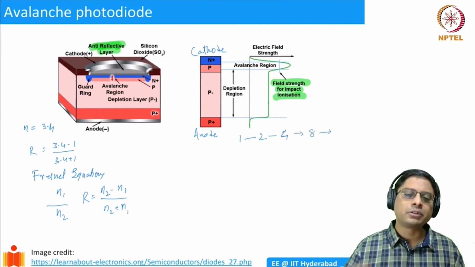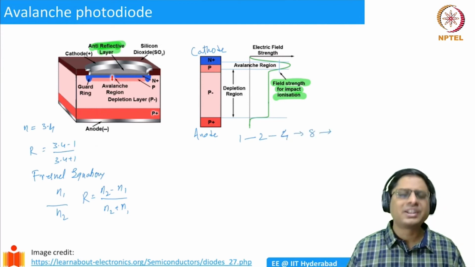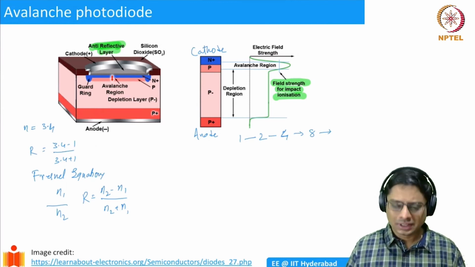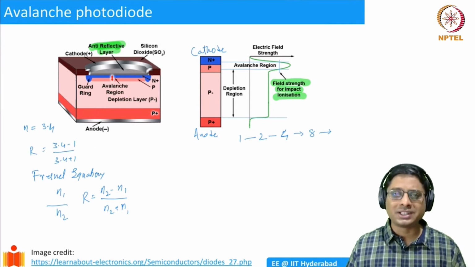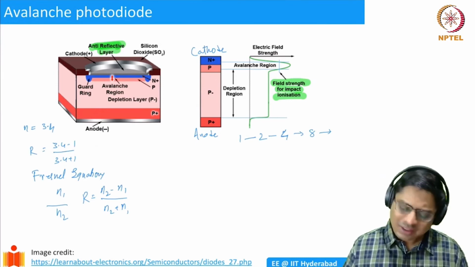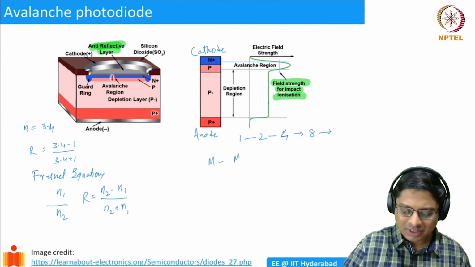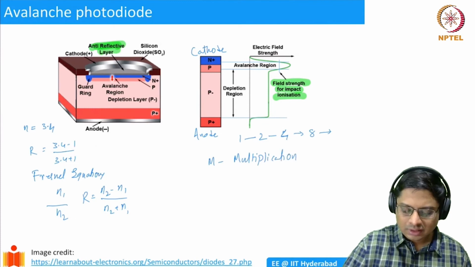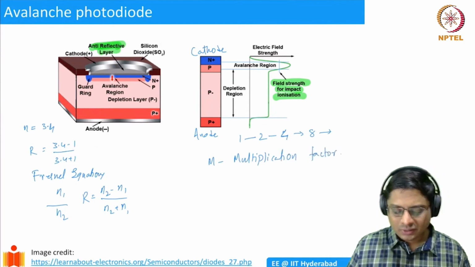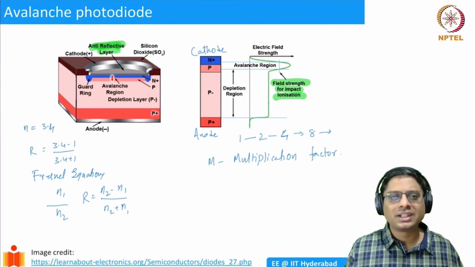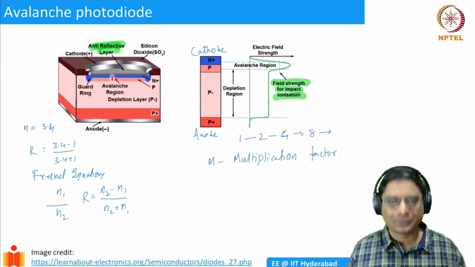So this kind of multiplication factor we can actually calculate, and there's a lot of careful design that we have to do. If you study a purely optoelectronic devices course, you will go through all that. But for us, what is important is we want to have a large multiplication factor. What do I mean by this? In the previous cases, for every photon we would like to have one electron produced.